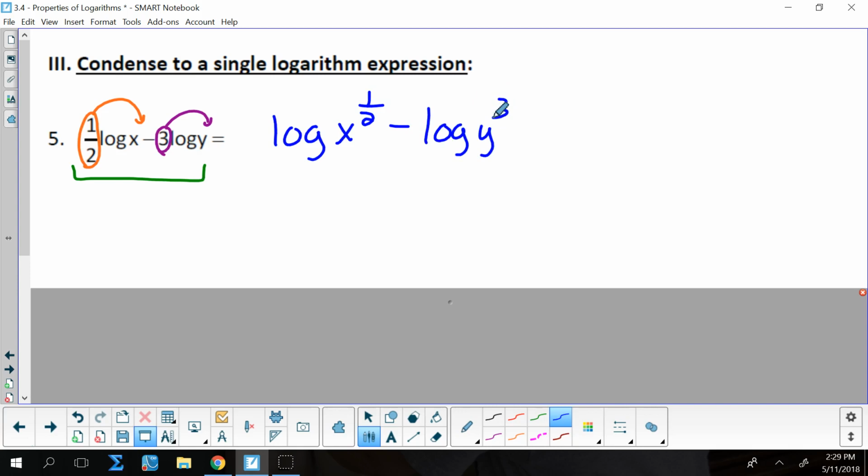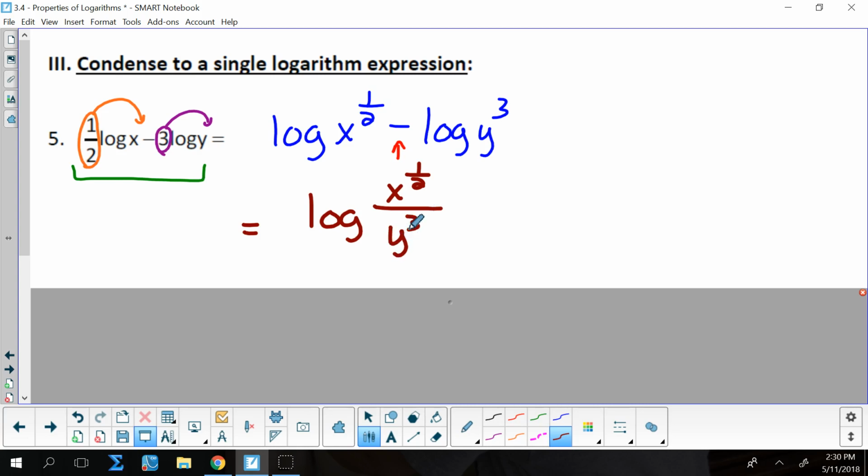Okay? Now, this is a subtraction sign, so that is a quotient rule, so I'm going to be dividing those terms. So this becomes log of x to the 1/2 power divided by y cubed.